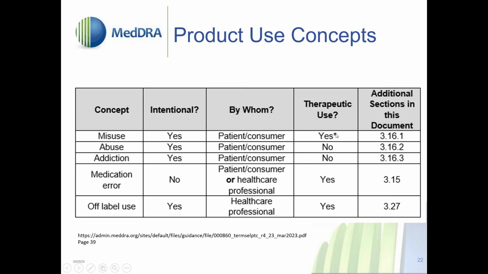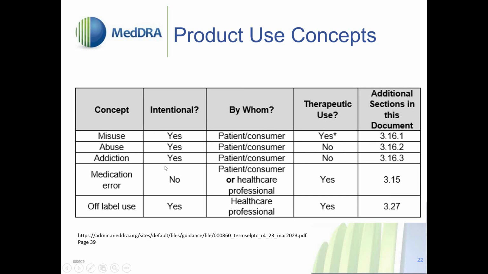And you see this little asterisk here. So definitions of misuse may not always include the concept of therapeutic use. Misuse may be similar to the concept of abuse in some regions, like for instance, German-speaking countries. So sometimes these terms are not used consistently on a global level, just to make you aware. But in general, this is the classification of these concepts.